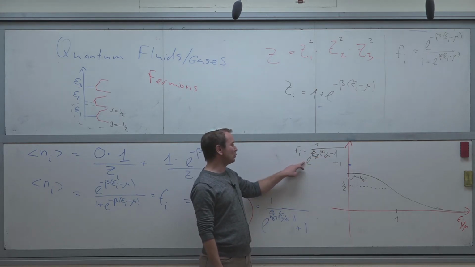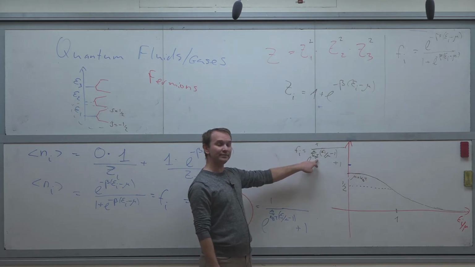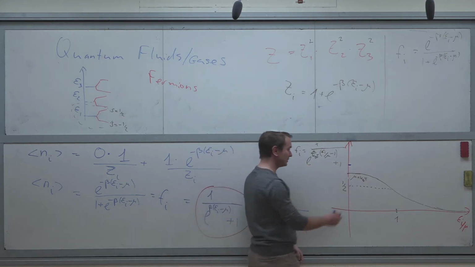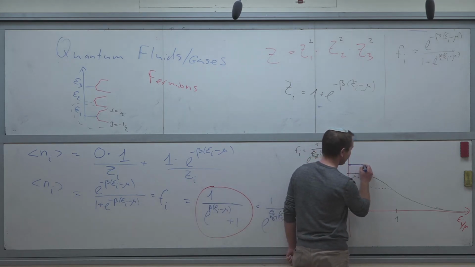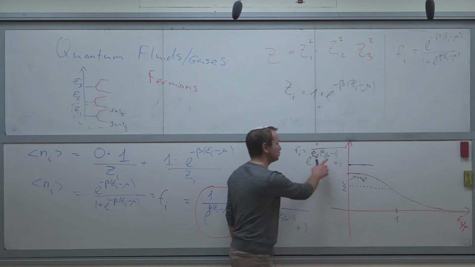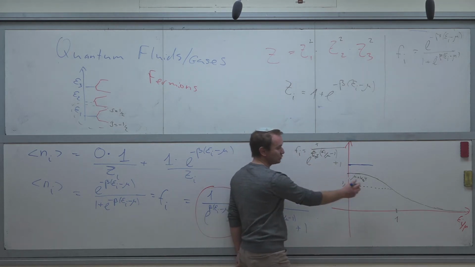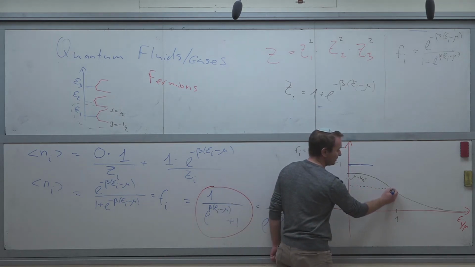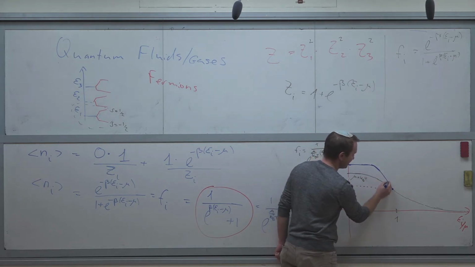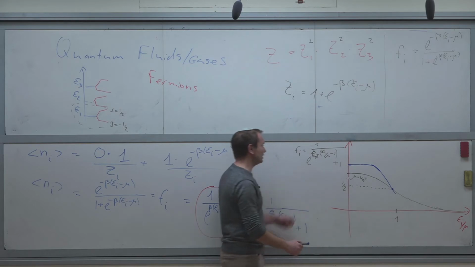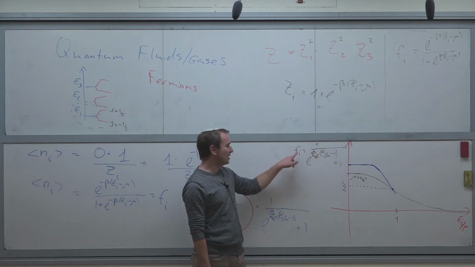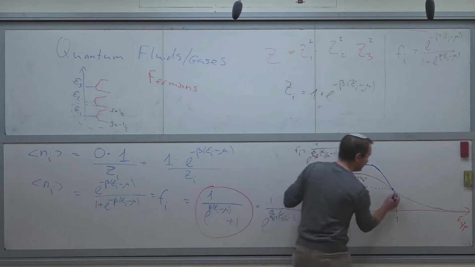So it is 1 over e to the power minus 5 plus 1, so it's almost 1. We know that when epsilon divided by mu equals 1, it has to cross this point, so it goes to something like this. And eventually, when epsilon divided by mu grows to infinity, Fi decays towards 0.